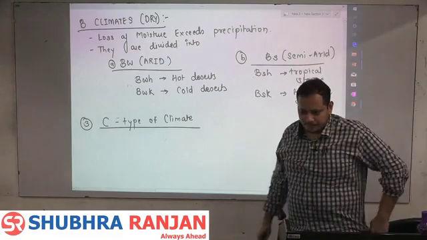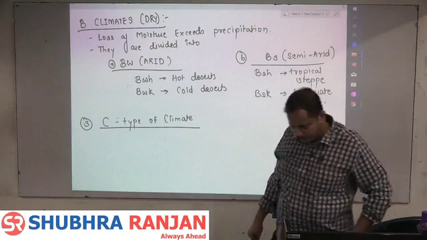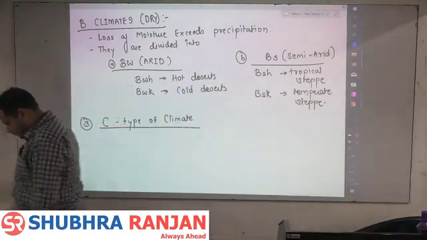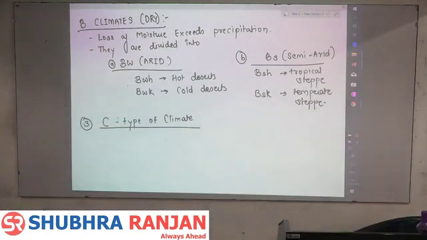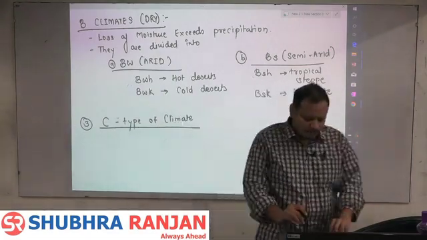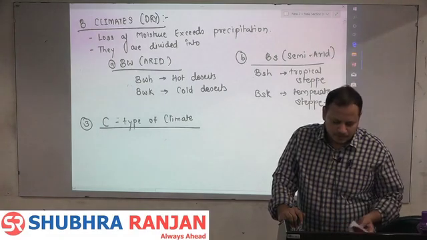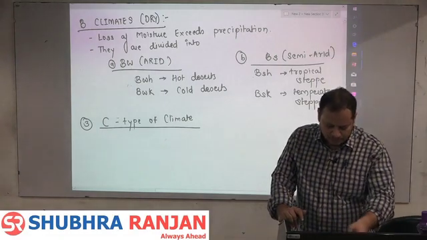C type of climate. An isotherm of 18 degrees Celsius forms the boundary. Underline the word isotherm of 18 degrees Celsius forms the boundary.